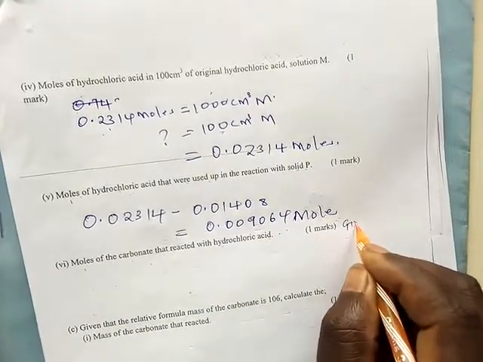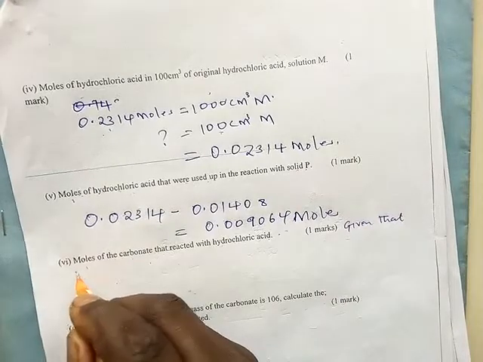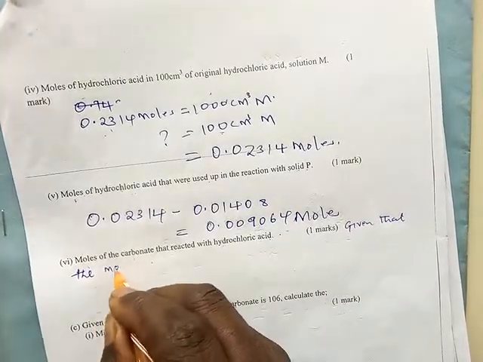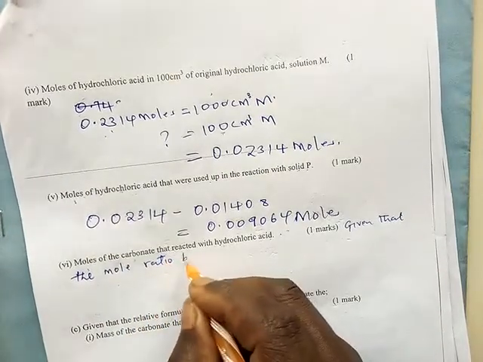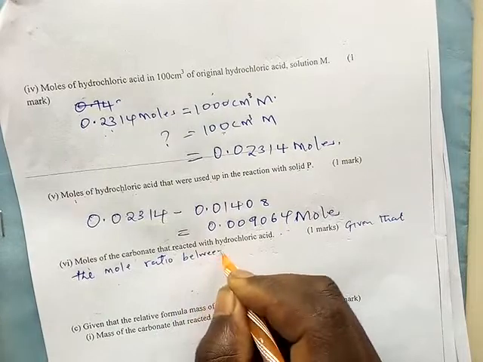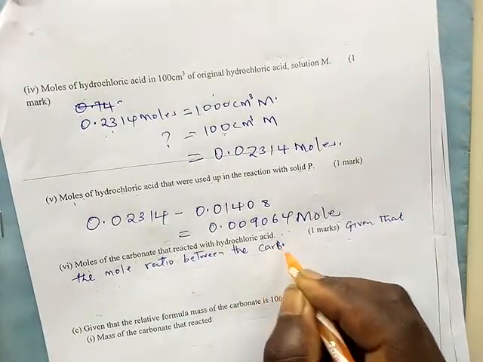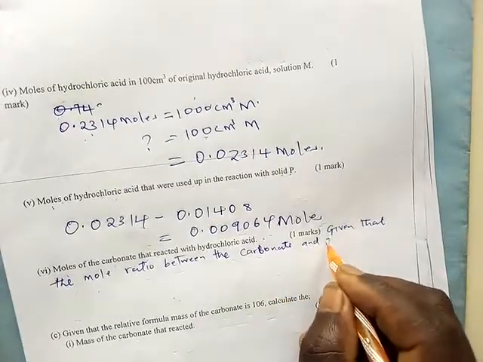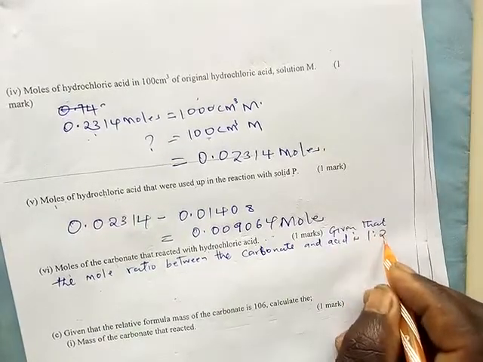Given that the mole ratio between the carbonate and the acid is 1:2.